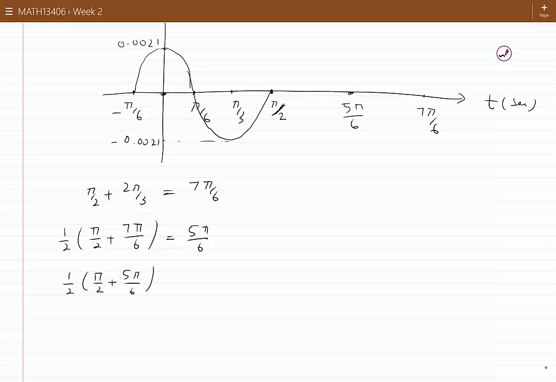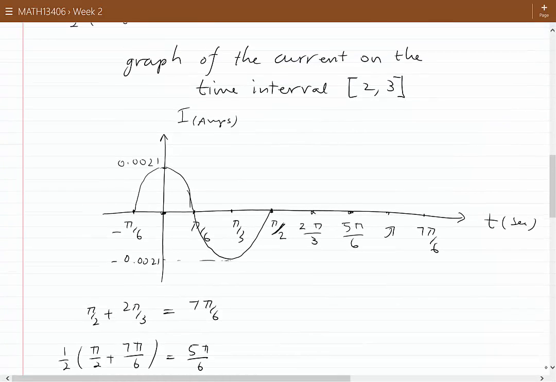That becomes 2 pi by 3. Therefore this point is 2 pi by 3, and we need the midpoint of 5 pi by 6 and 7 pi by 6, and that is just pi. Pi would be here, and the graph is, here is the maximum point and here is the minimum point, and the graph would look something like this.